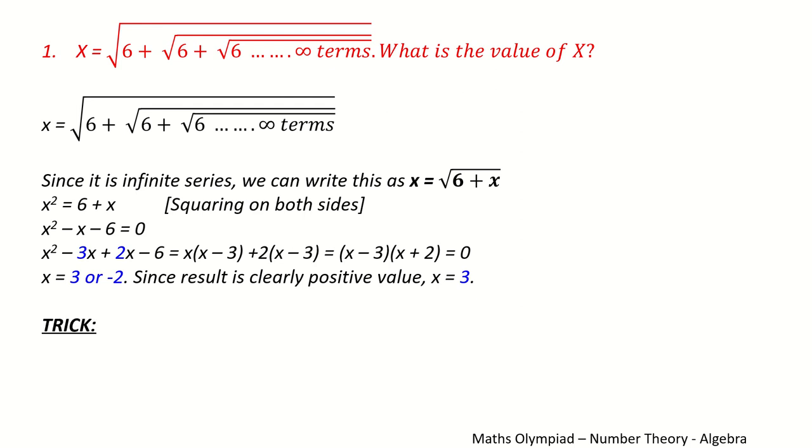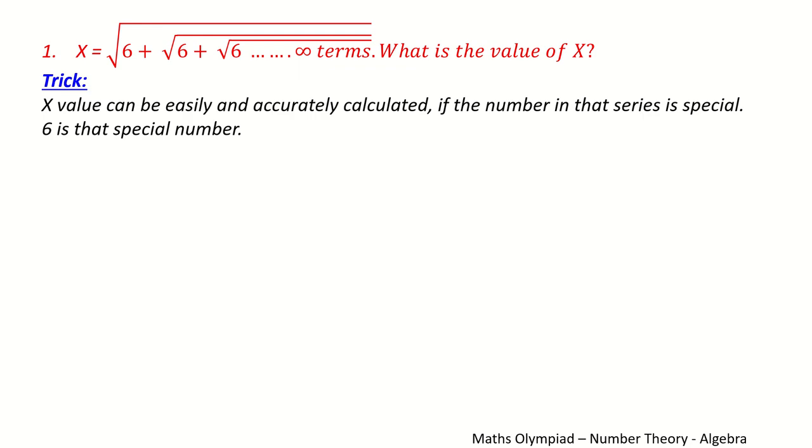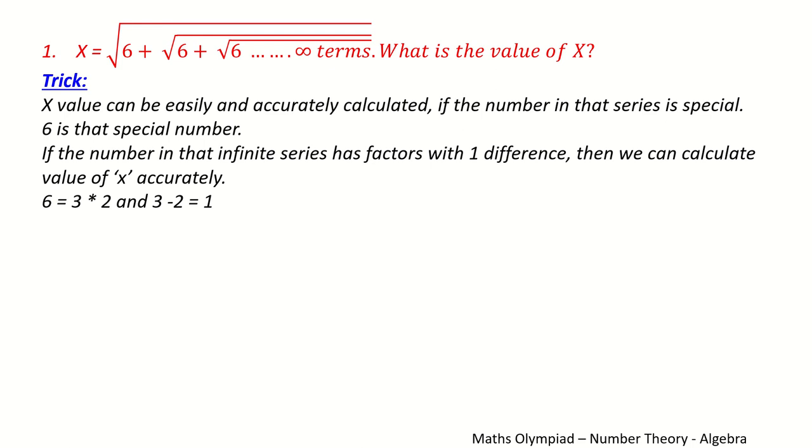You just look here. The trick is that the x value can be easily and accurately calculated if the number in that series is special. 6 is that special number. What is special about 6? The number in the series has factors with one difference.